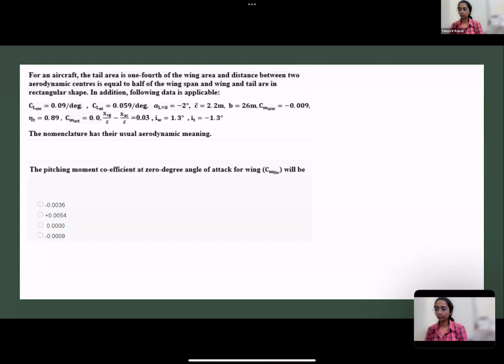If someone could tell me the formula, it will be great.